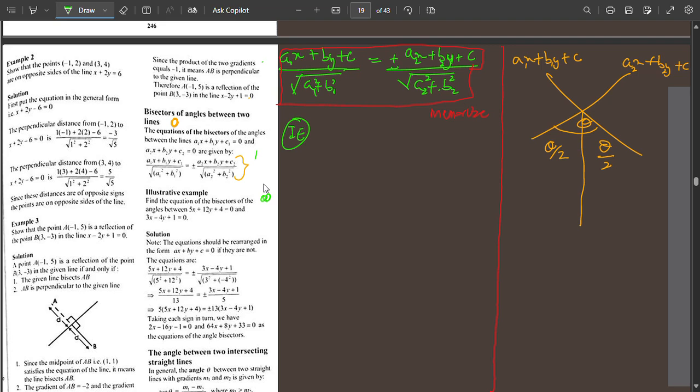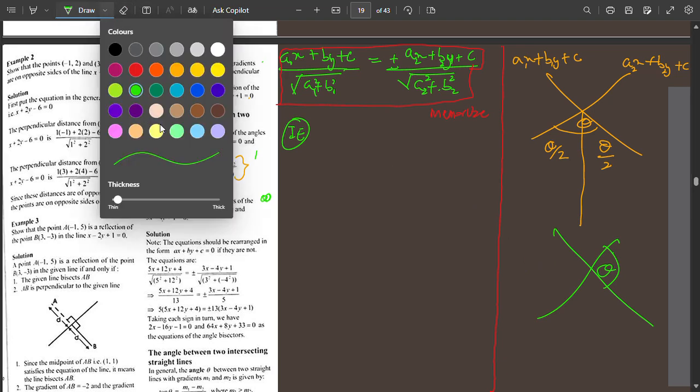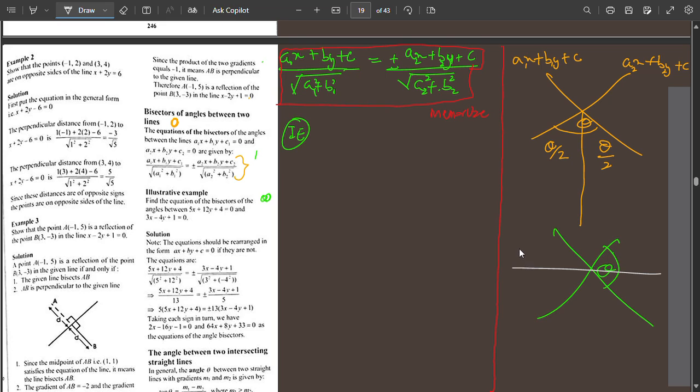That means that if you draw this line, you get something like this, and then if you draw this line, you get something like this. As an example, there will be an angle in between them. Find the equation of the line that would divide these two. That's what the question means.